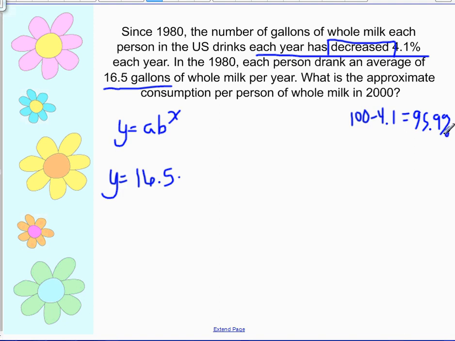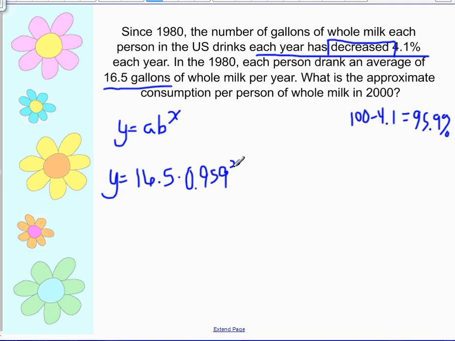From here, I'm going to turn this into a decimal in order to put it into my formula. So I'm going to turn it into 0.959 and then put that to the power of however many years. Well, we have to figure out what's the time lapse between our beginning time in 1980 and what we're trying to figure out now, which is in 2000, 20 years.